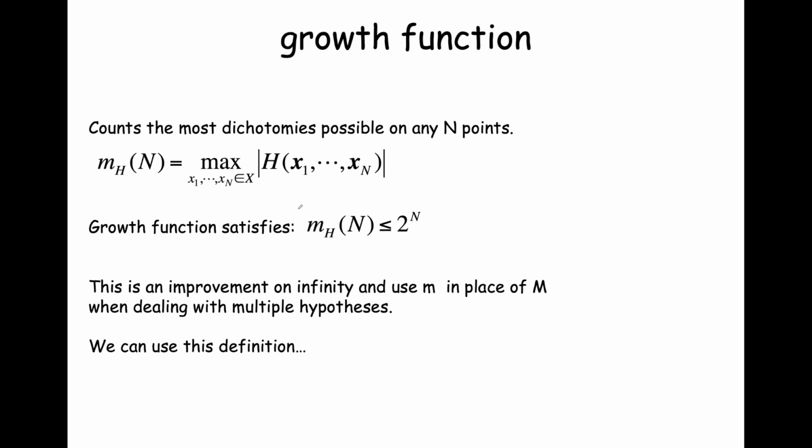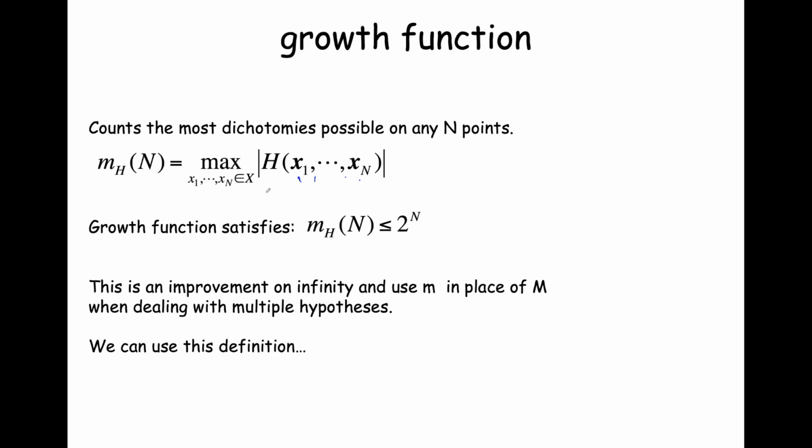And so this growth function satisfies this upper bound if we look at all the ways we can assign +1, -1 labels to these n many data points. Well, there are 2 choices for the first one, times 2 choices for the second one, times 2 n many times. That's 2 multiplied with itself n many times. That's 2 to the n.